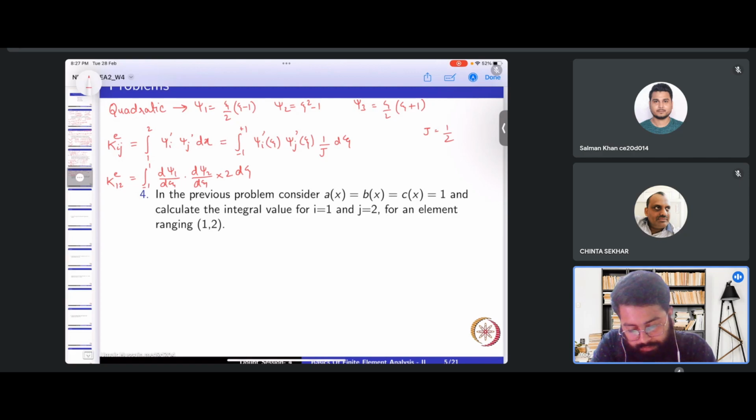So d psi 1 by d zeta, psi 1 being zeta squared by 2 minus zeta by 2, is 2 zeta by 2, that is zeta minus half. And the derivative d psi 2 by d zeta is simple, 2 zeta.